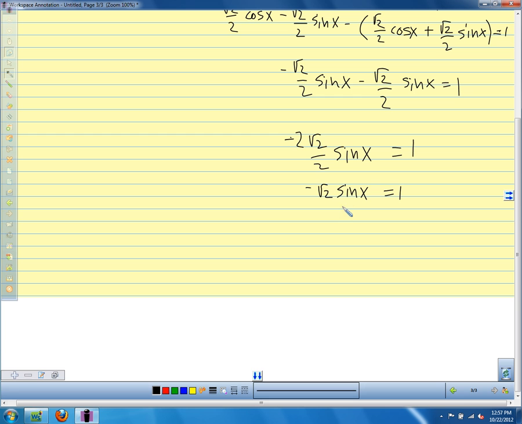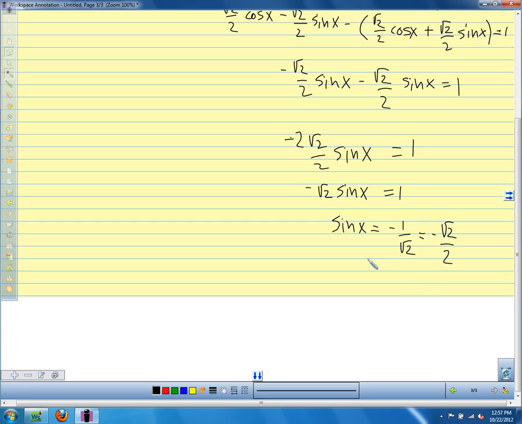I want to get the trig function by itself on one side. Divide both sides by negative square root of 2, and I get sine x equals negative 1 over square root of 2. Rationalizing, multiply by square root of 2 over square root of 2, and sine x equals negative square root of 2 over 2.